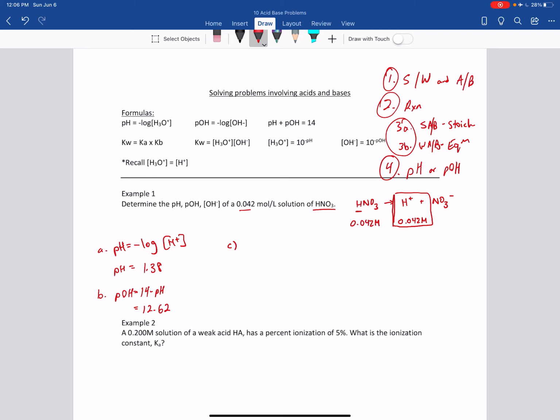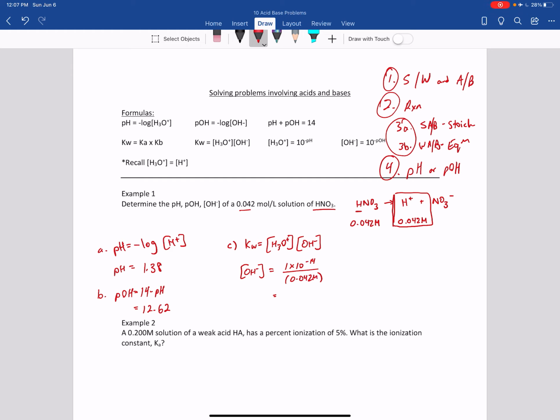Lastly, we're asked for the hydroxide ion concentration. There is more than one way to find this. We'll try to use the values that we were given, which was the concentration of hydrogen. So we can say that Kw equals the hydronium ion concentration times the hydroxide ion concentration. We'll isolate for OH minus: Kw, which is a constant, 10 to the negative 14, divided by the hydrogen ion concentration.